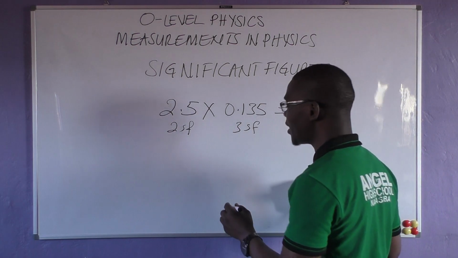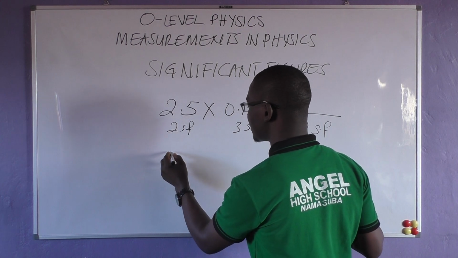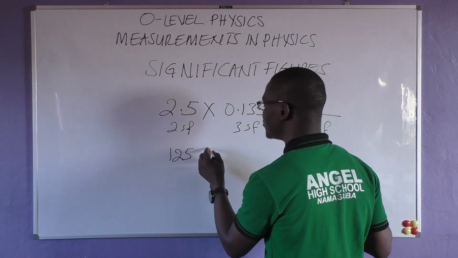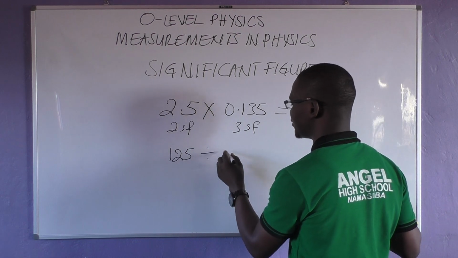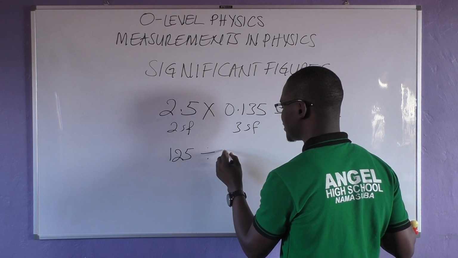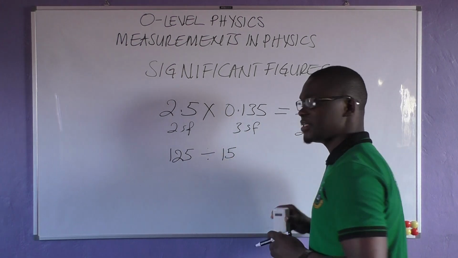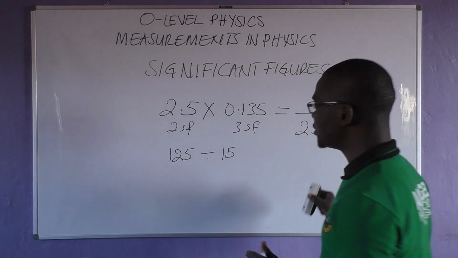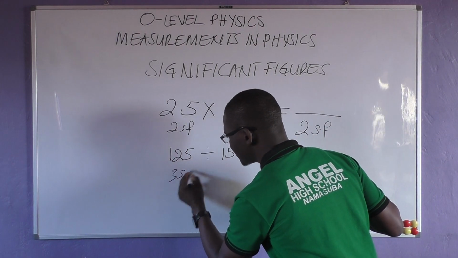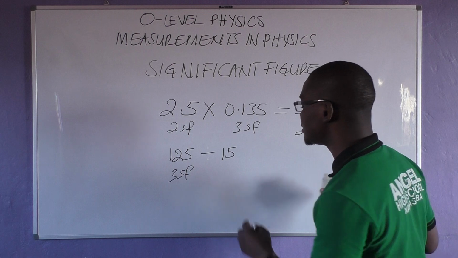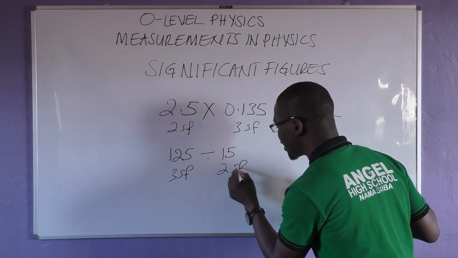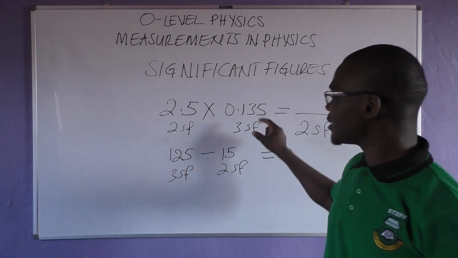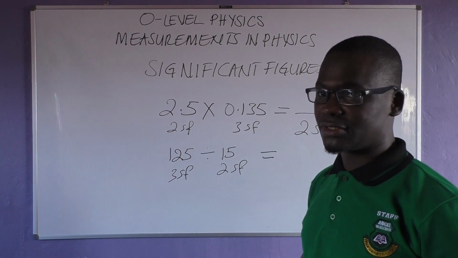If I'm to divide, that is to say, 125 divided by, let's say, 15. This one is 3 significant figures, and this one is 2 significant figures. The same applies just like in multiplication.